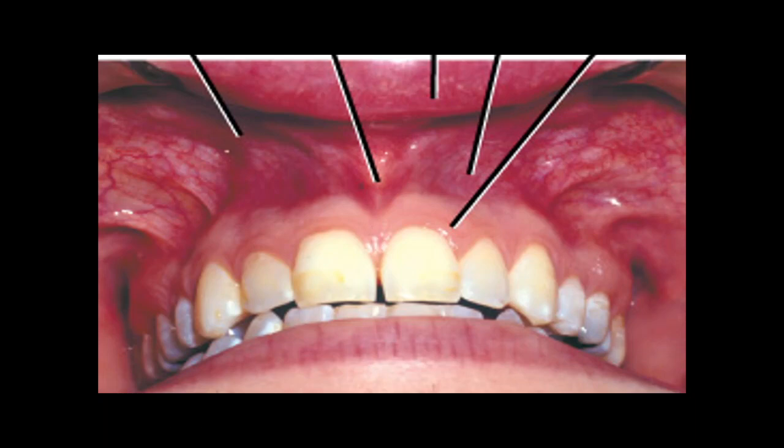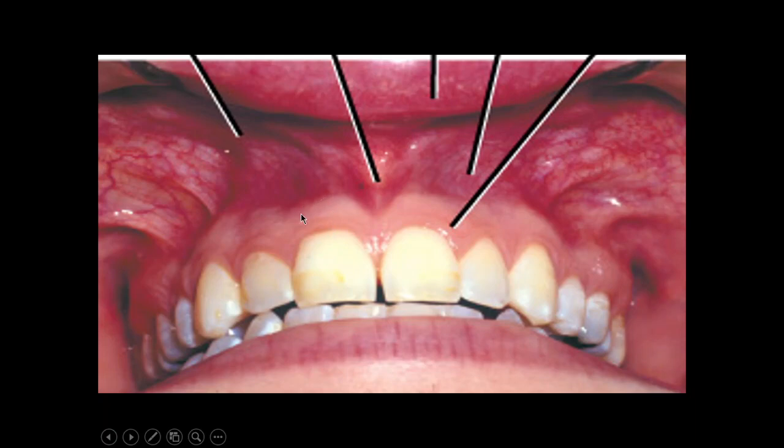When we see the patient's mouth, we will see this picture. You see the tooth and the papilla around the tooth, between the tooth and the gingival margin. Then we see the pink gingiva.